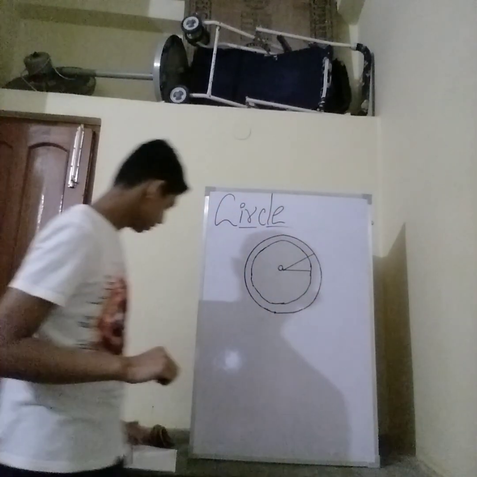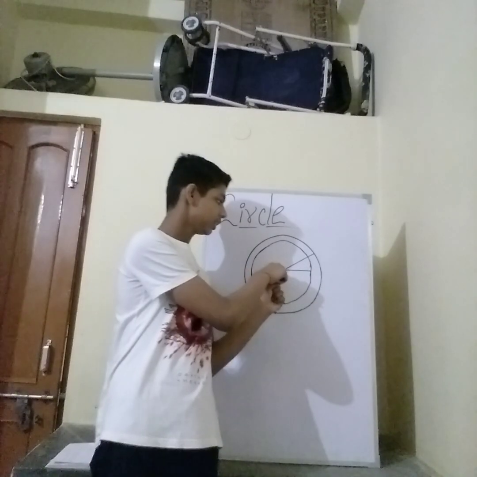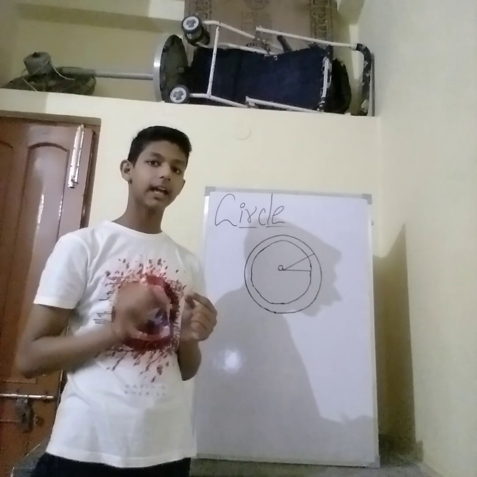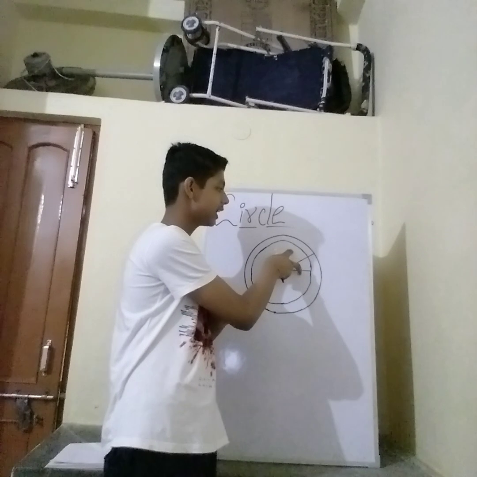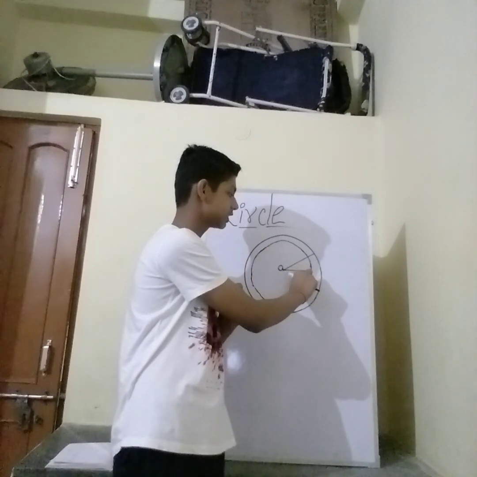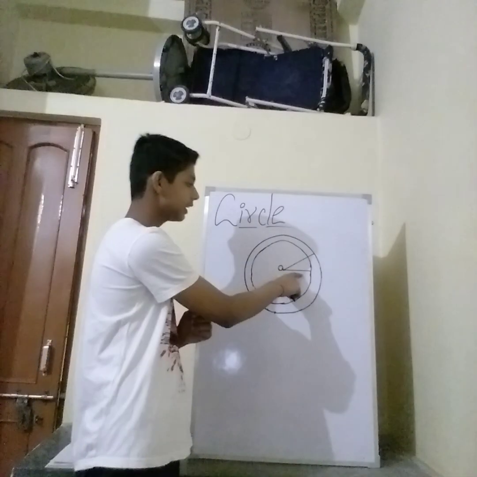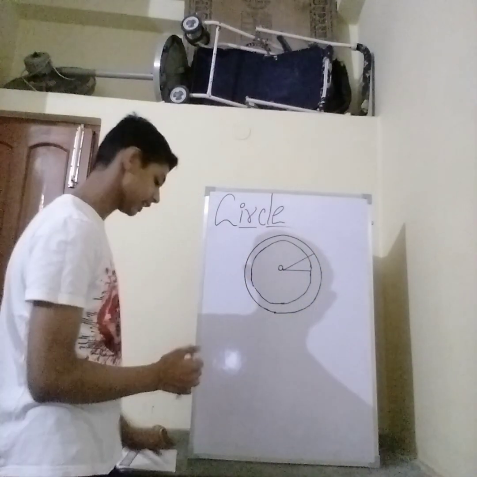We see that these circles have a common center and different radii. The first radius is this and the second radius is this, which is greater in length than the first radius.